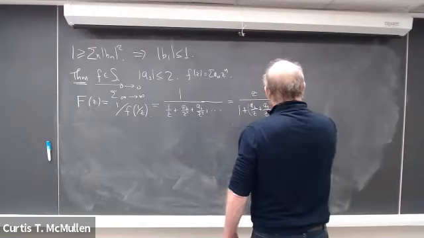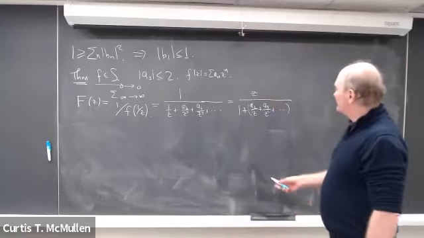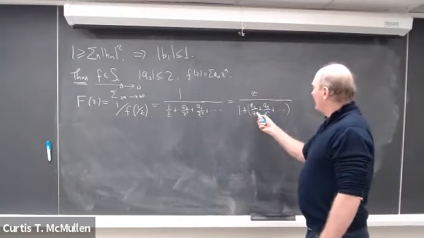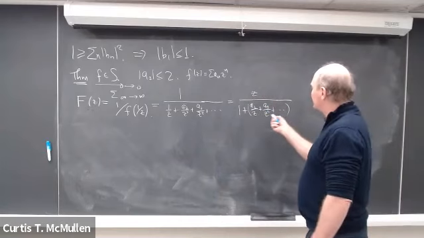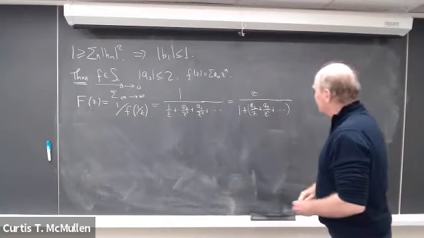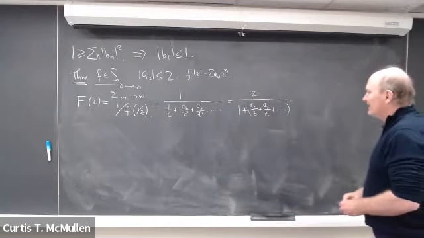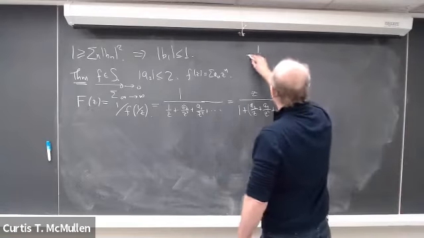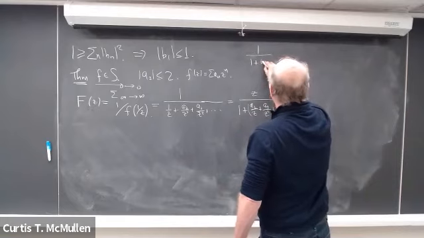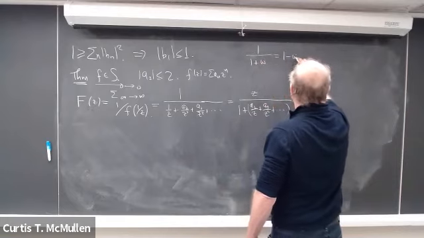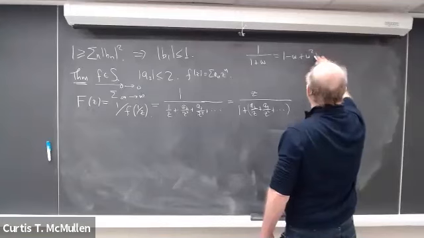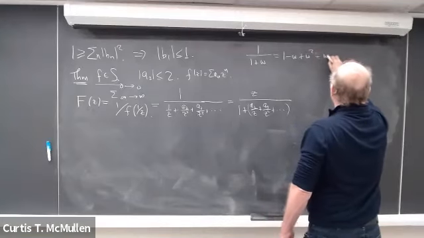And now remember, we're interested in z being large. So we have 1 over 1 plus something, and this thing is small when z is large. So now we use, again, our favorite power series. 1 over 1 plus w is 1 minus w plus w squared minus w cubed, and so on.